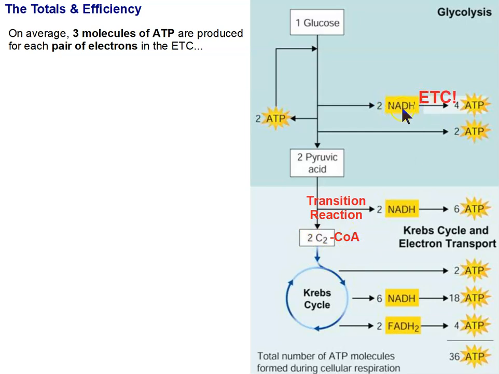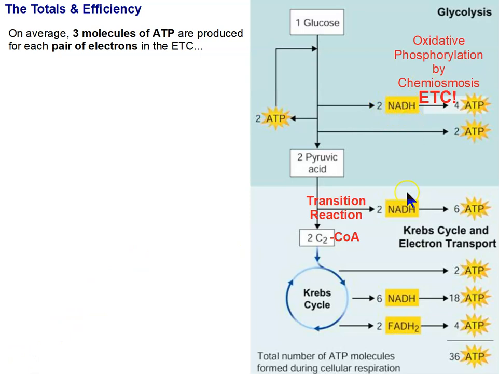Anywhere in this diagram there's NADH or FADH2, those are electrons that are going to be delivered to the electron transport chain. And just like we were looking at on the previous slide, those electrons are going to participate in oxidative phosphorylation by chemiosmosis, the production of ATP by oxidative phosphorylation and chemiosmosis, however you want to say it.